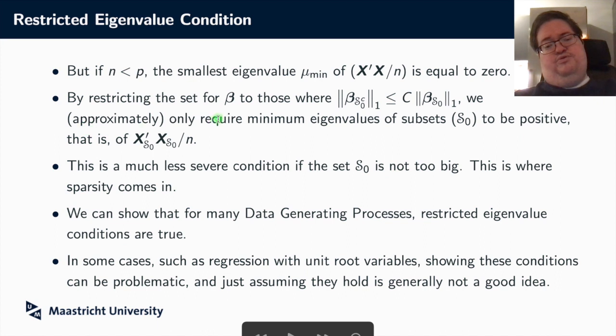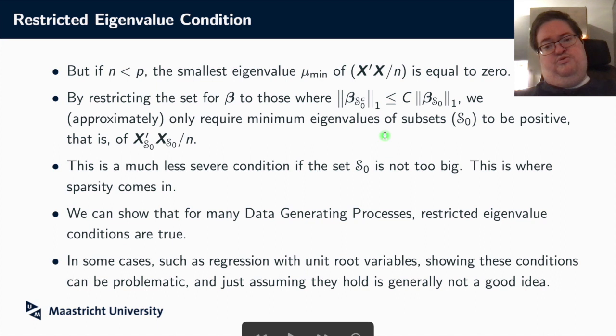So what we are going to do is, instead of saying it should hold for all vectors beta, which it would if we used the eigenvalue, let's restrict that to the set where the betas in the subset S0 are larger than the betas in the complement of that set.